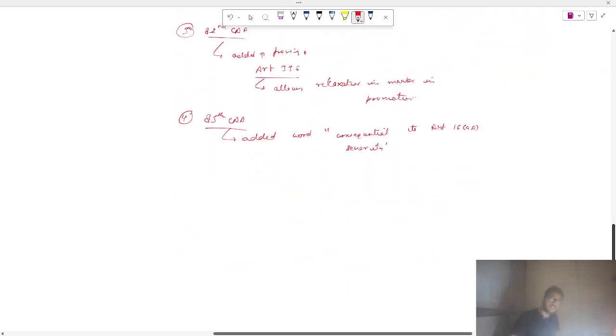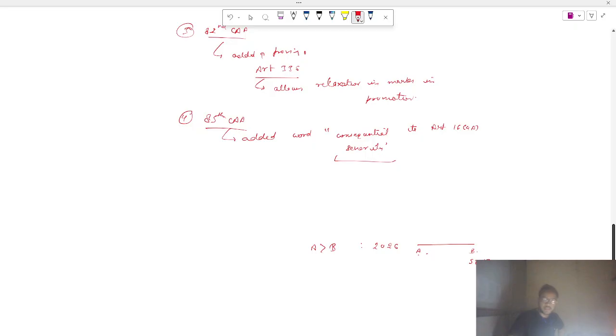We have discussed this. What do you mean by consequential seniority? Let's suppose in 2026, there are two persons, A and B, who are at the same level. In this level, A is senior to B, and A belongs to the unreserved category, B belongs to the SC and ST community.